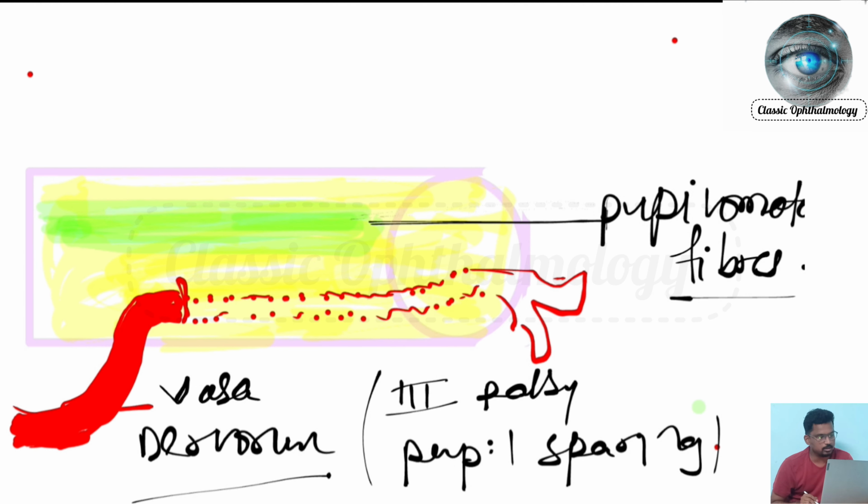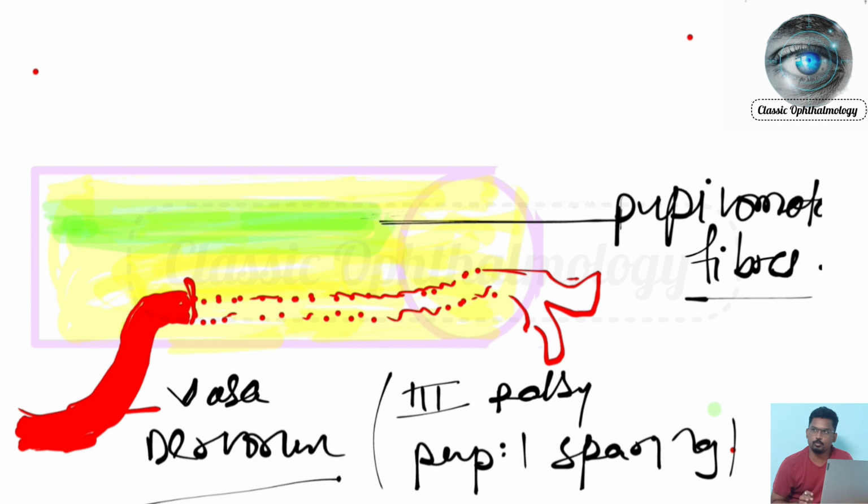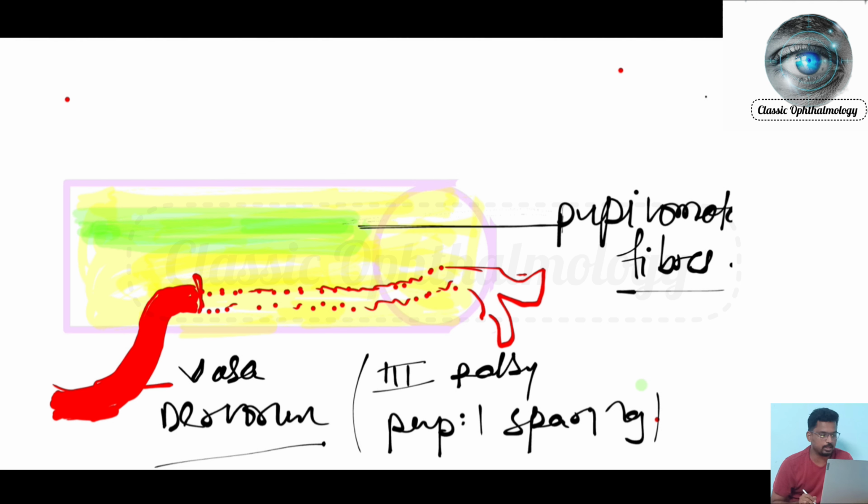Hence diseases like hypertension and diabetes mellitus usually spare the pupillomotor fibers, and the third nerve palsy from diseases like DM and hypertension is usually pupil sparing.